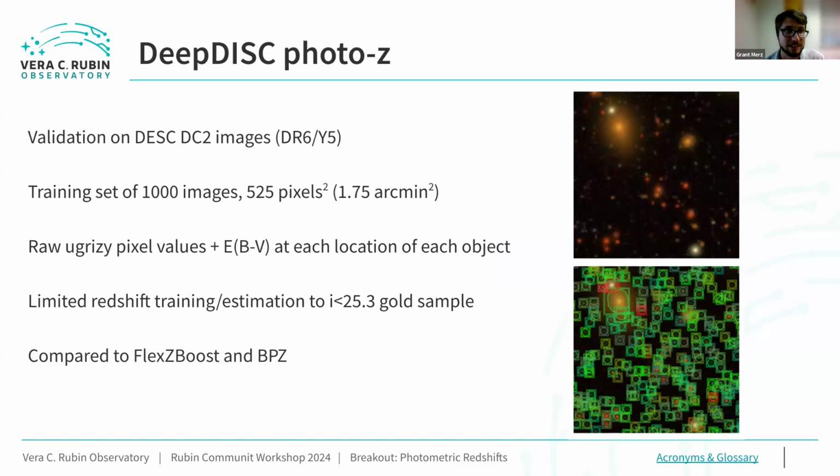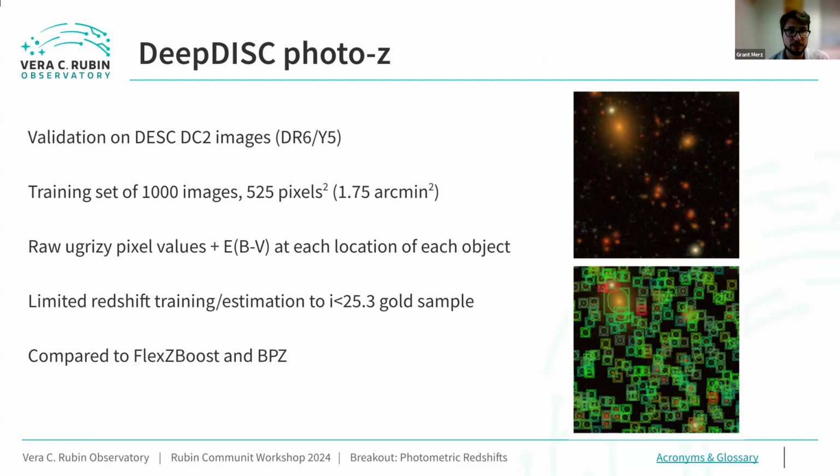Next slide, please. Thanks. So to get into the actual science results from DeepDISC, after the code base has been set up, we wanted to validate on DESC simulated images, these DC2 or DP0 images.